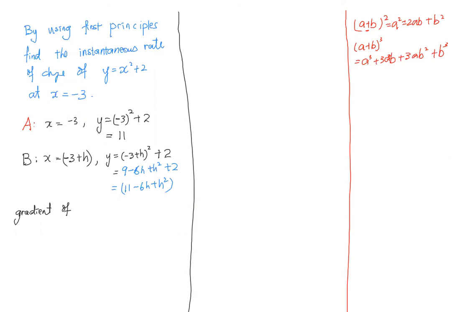Chord AB. Thank you. So we use y2 minus y1 divided by x2 minus x1. Correct? Now you start to simplify. I give you some time to simplify.